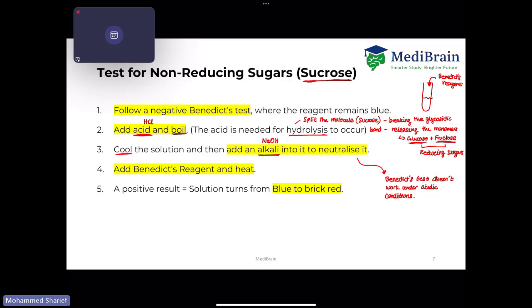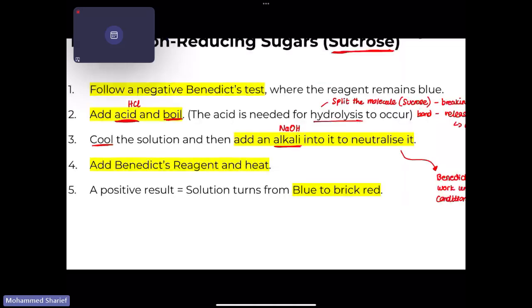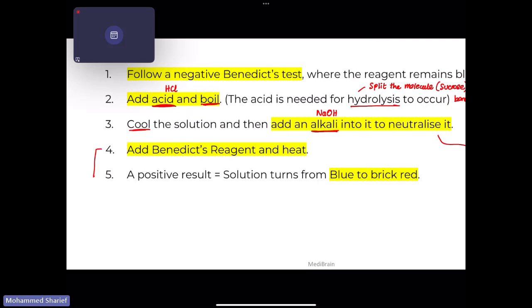We're going to add in Benedict's reagent and we're going to heat. And this is the same exact process that we looked at on the previous slide. Okay, so you add Benedict's reagent, heat, and then you would see a brick red precipitate for a positive result. Okay, so this is the same as tests for reducing sugars.